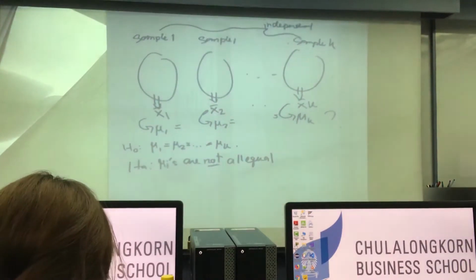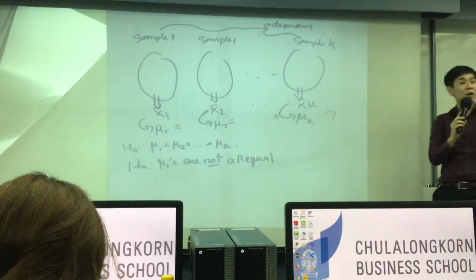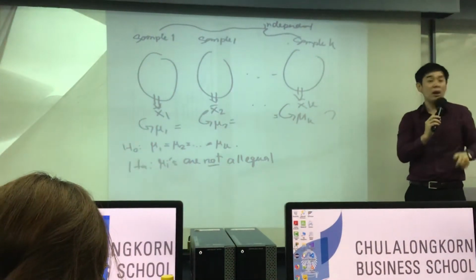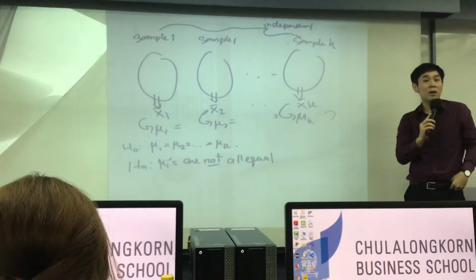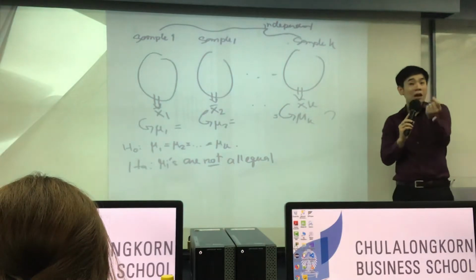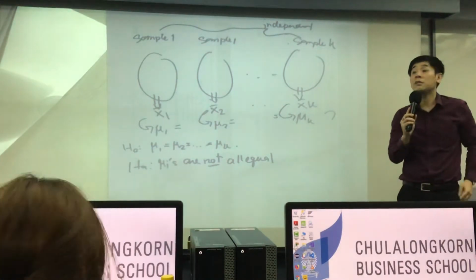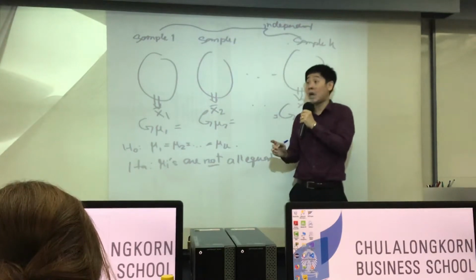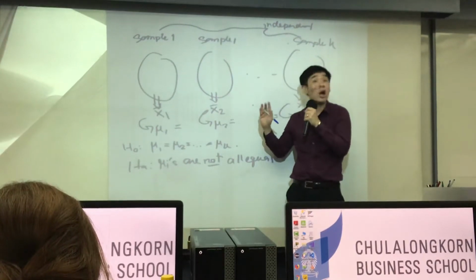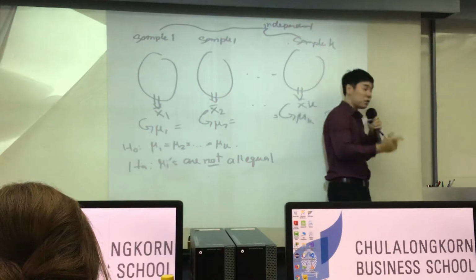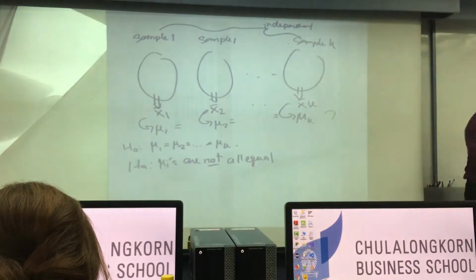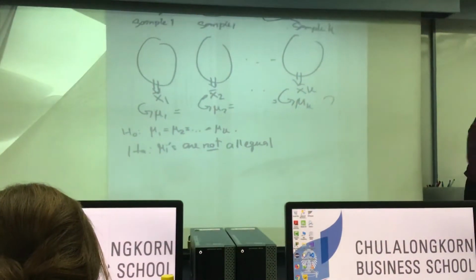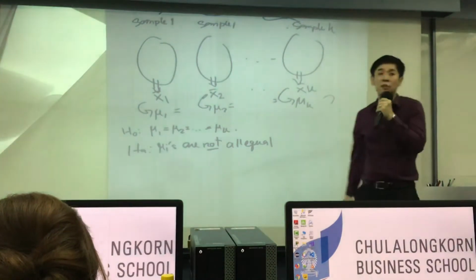Keep in mind when I say not all equal, it's different or not equal. Not all equal means at least one pair is different. If you say all not equal, that would mean they have to be all different. Instead, in research, this is important: not all equal means at least one pair is different.